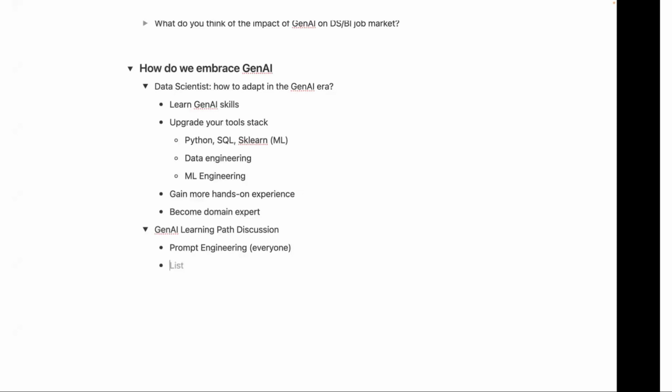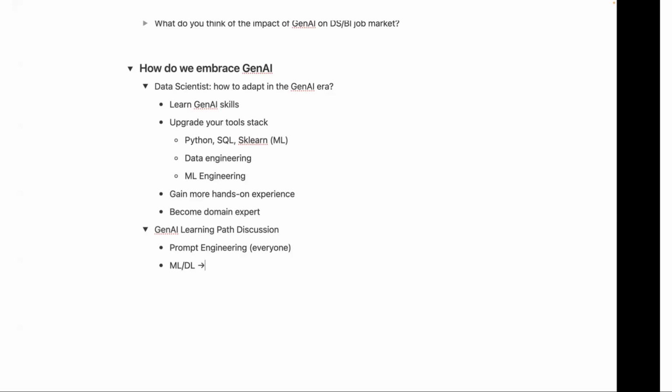And next up, if you would like to become more technical in generative AI, then you need to have the basic machine learning and deep learning knowledge, provided that you know Python already, Python and basic data analysis. But you need to learn machine learning and deep learning before you can even start to comprehend large language models from a technical perspective.